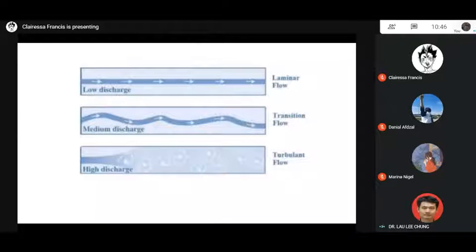Yes. What is the reason that you do that? To see the movement of the laminar flow. If we use pulse injection, we cannot see the laminar flow.